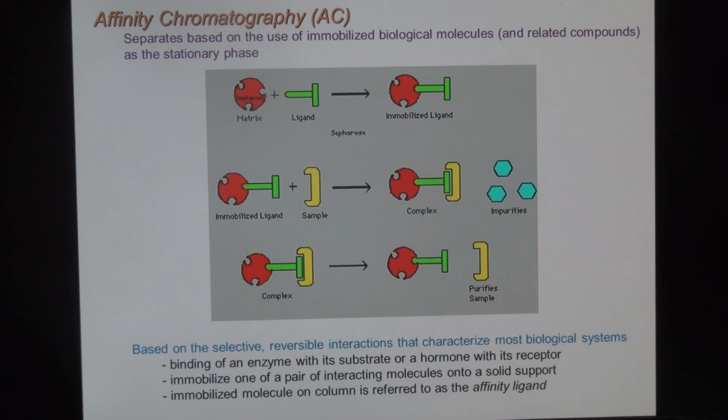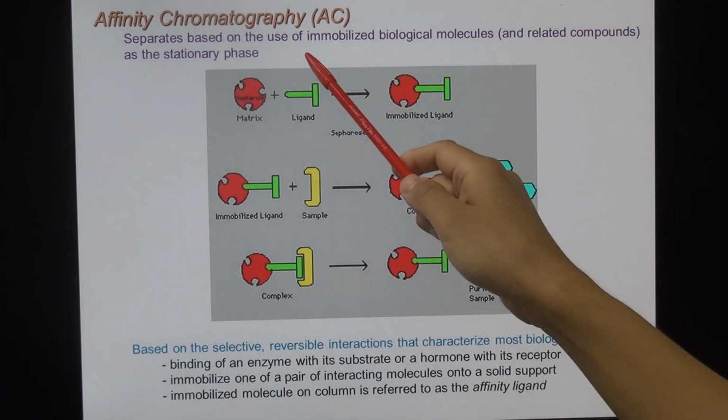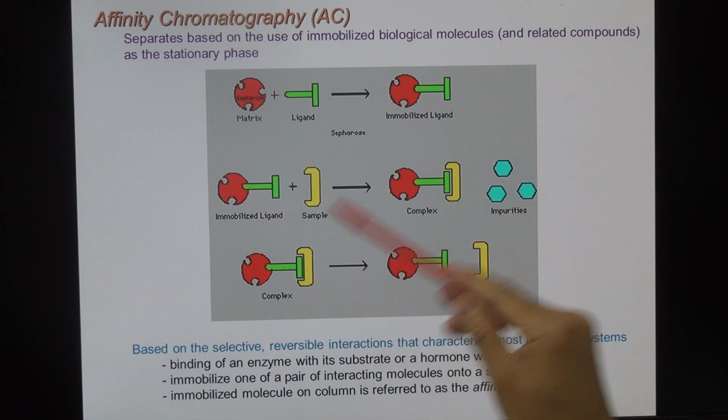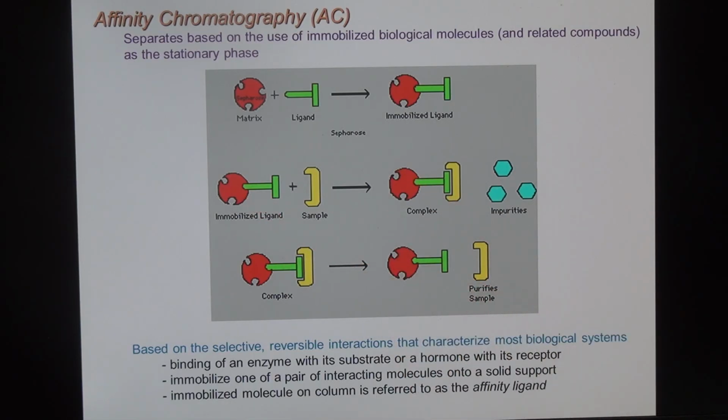The next kind is affinity chromatography. They separate based on the use of immobilized biological molecules, such as antigen-antibody interactions. So they are very selective and specific. If there are antibody molecules on the solid support, they can specifically retain the specific antigen.